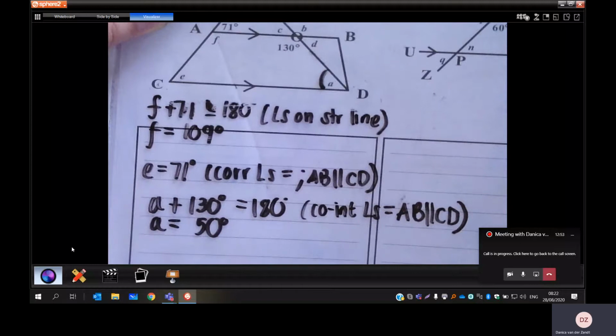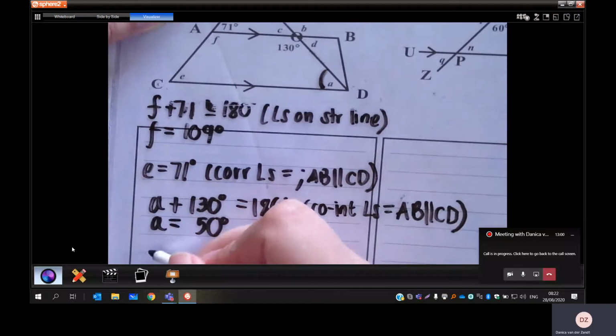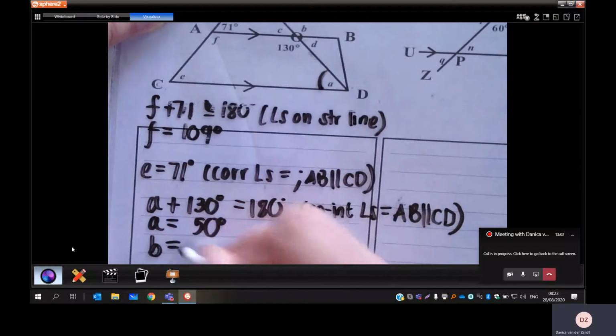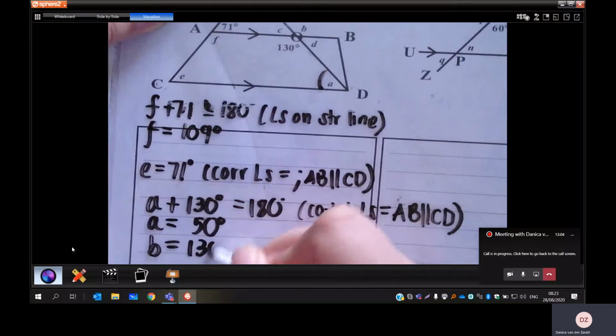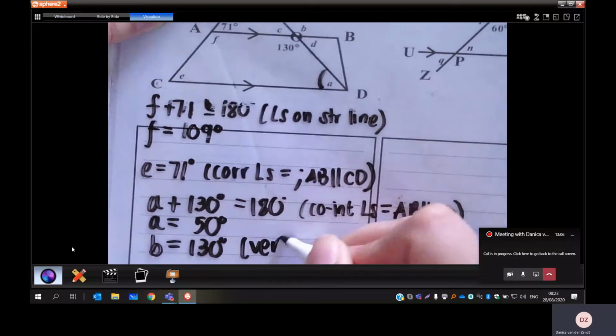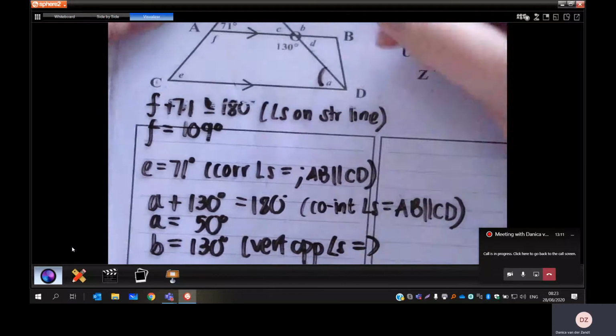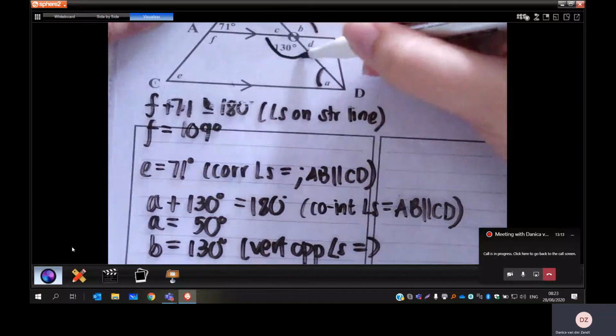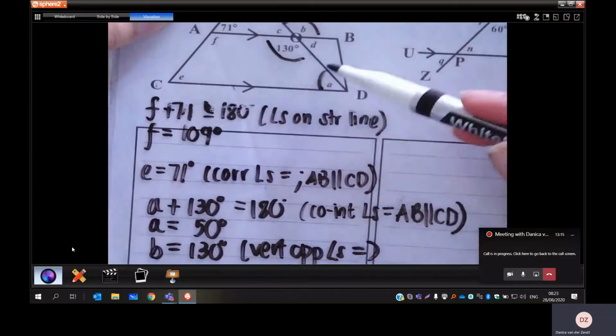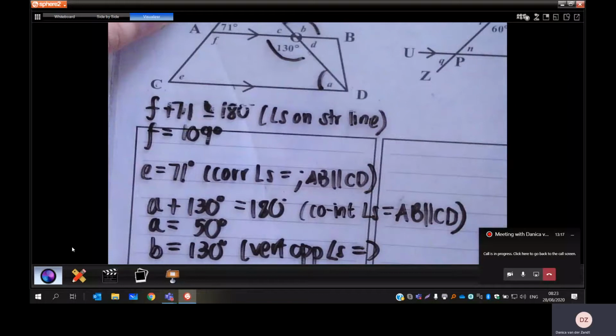Yes, Lekona. B is 130 degrees, vertically opposite angles are equal. That's perfect. But I'm still trying to guide you to use A for something. Yes, Keenan.